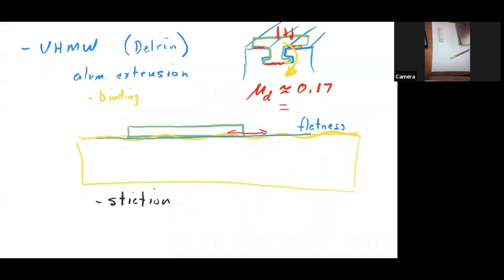What it is is what happens when you go from static friction to dynamic friction. Let's say that I decided I wanted to move this point here. This is point A, and I wanted to move it to point B.